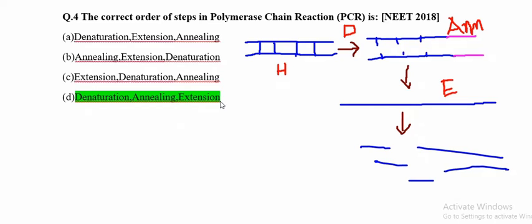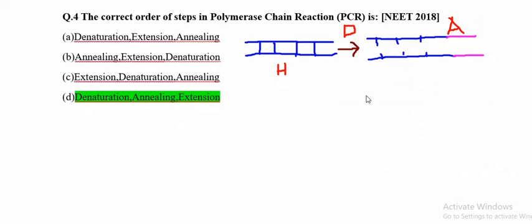It can produce many DNA segments from a single double helical structure of the DNA. So from this we can easily understand the order. First denaturation takes place, then annealing takes place, and then extension takes place. So option D is the correct answer.